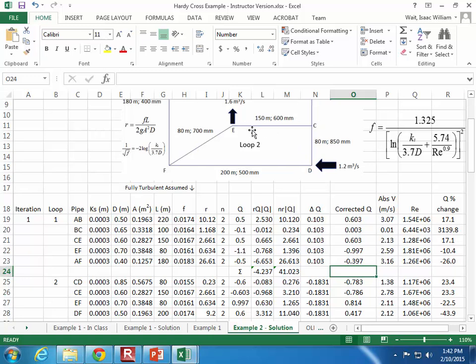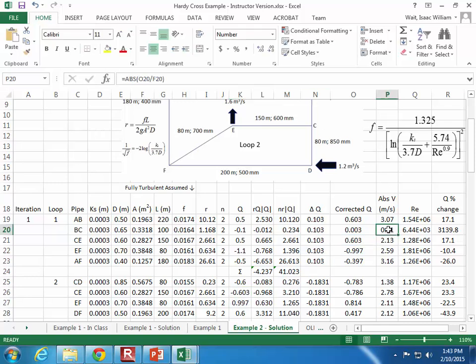It's CE and EF. So CE and EF, those I always need to go look for the flow rate that's the latest and greatest flow rate. So here you can see I don't have my initial guess flow rate for those two. I'm doing the negative of the corrected Q from the previous step.